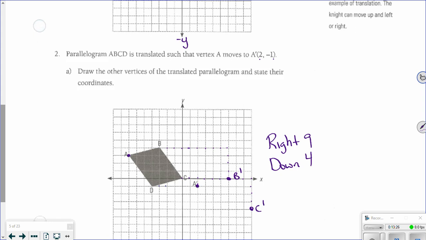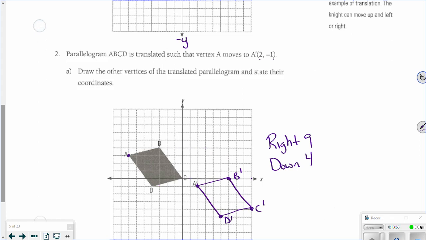Same with D. So my new shape looks like that. Again, it should look exactly the same if you use the ruler. It should still be the same shape as it started with.